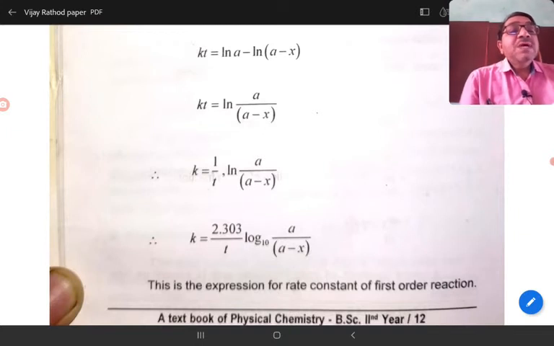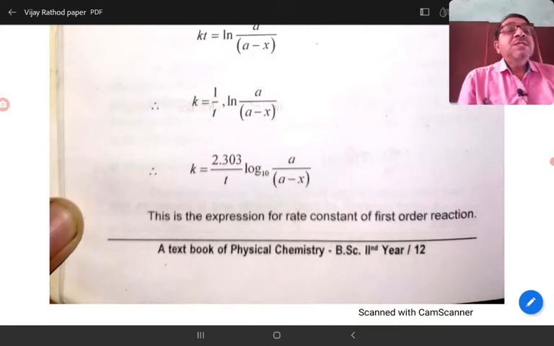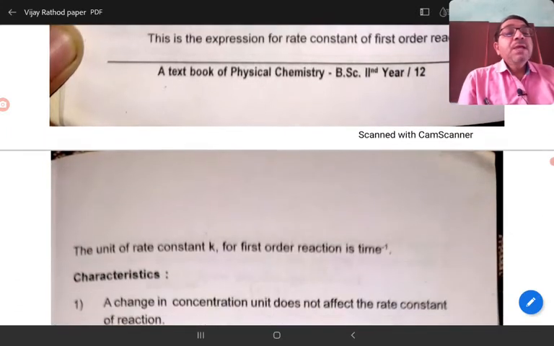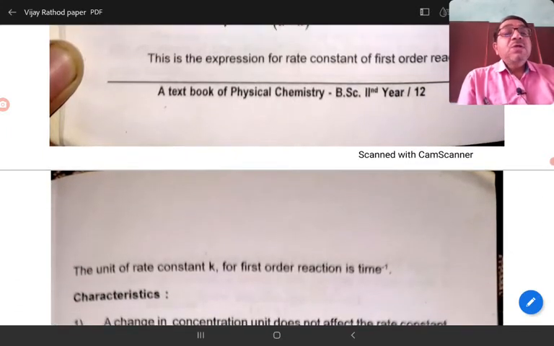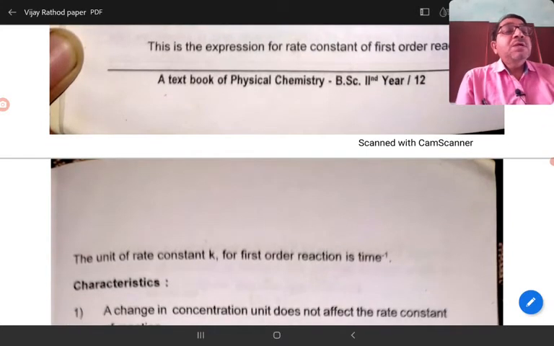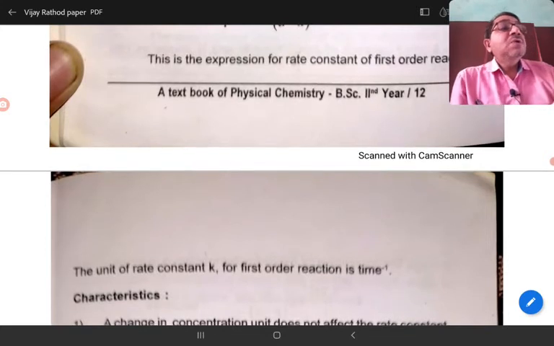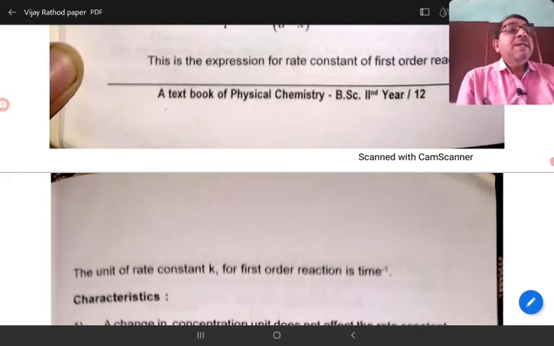This is the expression for the rate constant of a first order reaction. This formula we have to remember for solving numericals also. The unit of rate constant k for a first order reaction is per time, that is, when time is in seconds, it becomes per second.